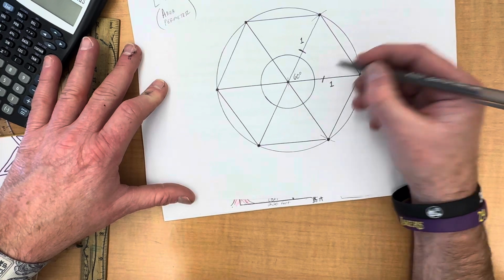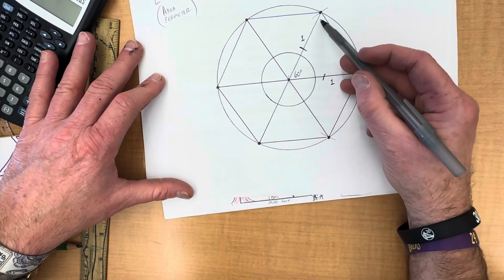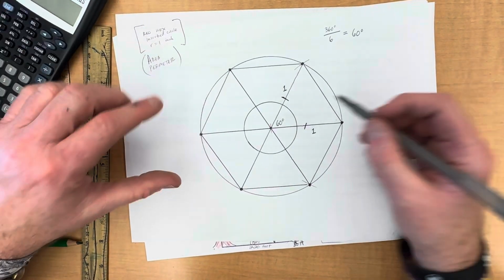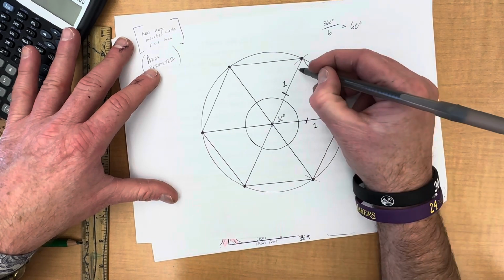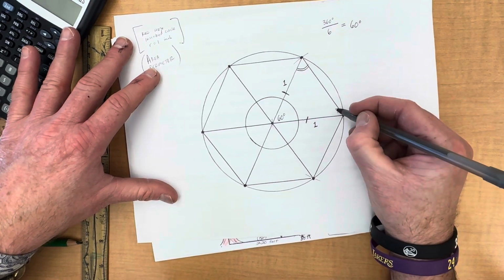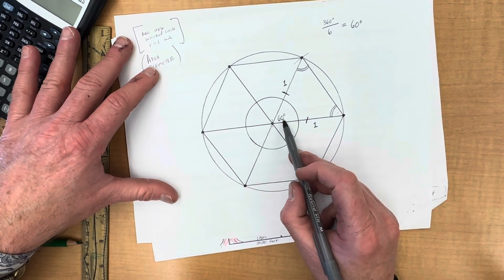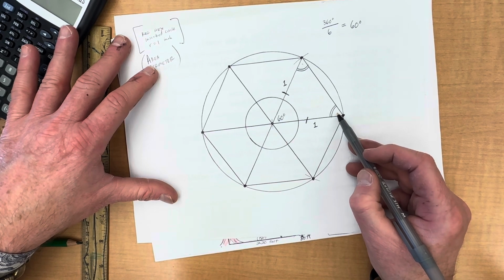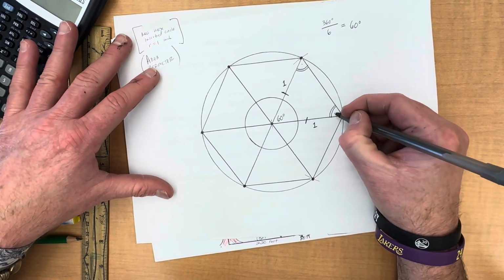Because of the triangle sum theorem, we know that this plus this plus this will all equal 180. Because it's isosceles, because these are both 1, these two angles are the same. Because we already have 60, this plus this will be 120, and they're the same, so these are 60.